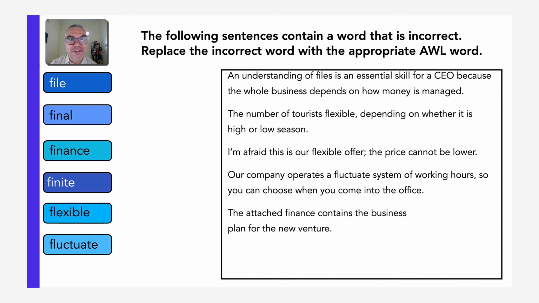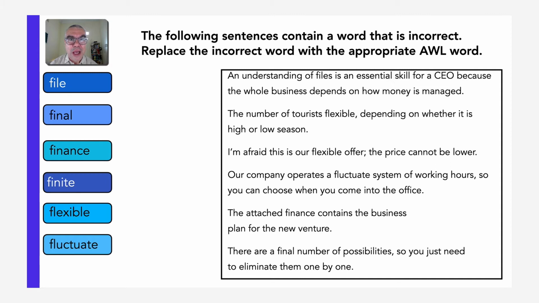The attached finance contains the business plan for the new venture. And the last sentence, there are a final number of possibilities, so you just need to eliminate them one by one. Okay? Read those sentences carefully and replace them with the correct AWL word. Next, I'll show you the answer key.